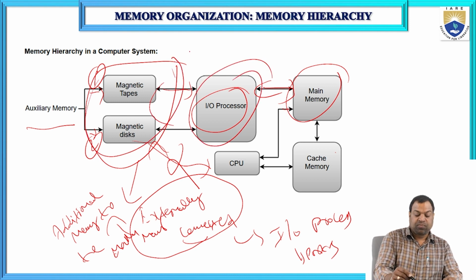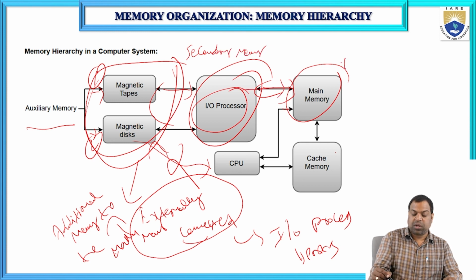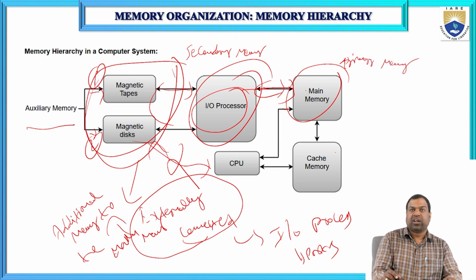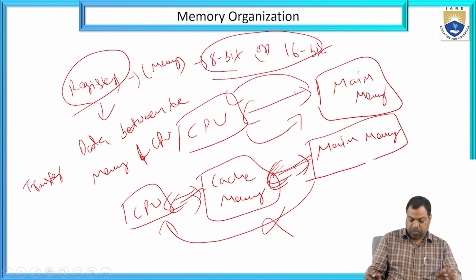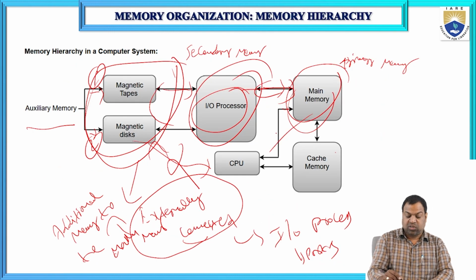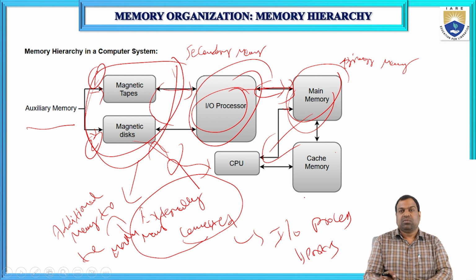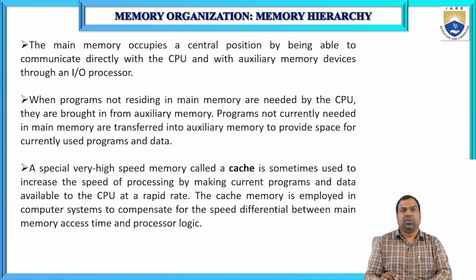So secondary memory is connected to the primary memory, directly to the primary memory. Then only this primary memory is connected to the CPU. But always cache memory and main memory are connected directly to the CPU, while secondary memory or auxiliary memory is connected to the main memory, and then only it is connected to the CPU.